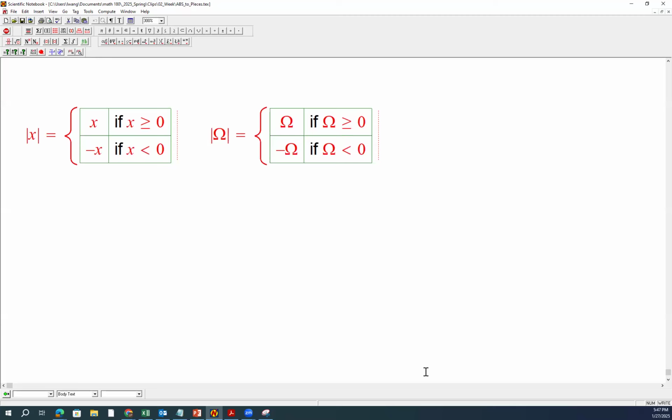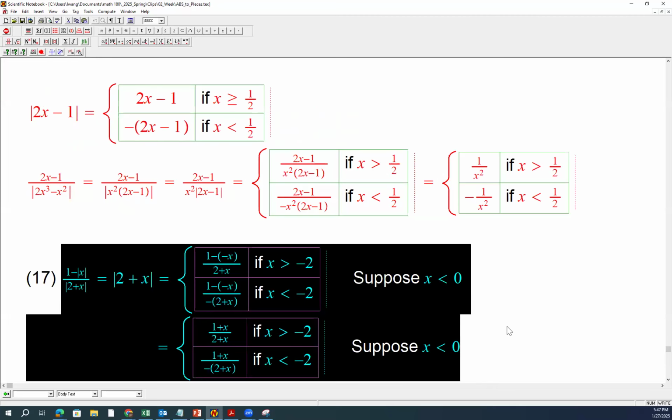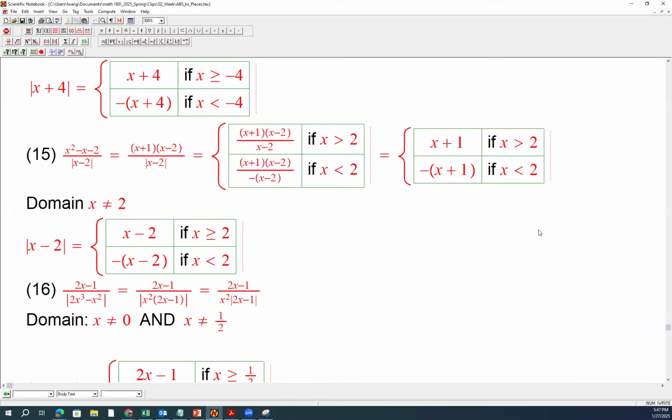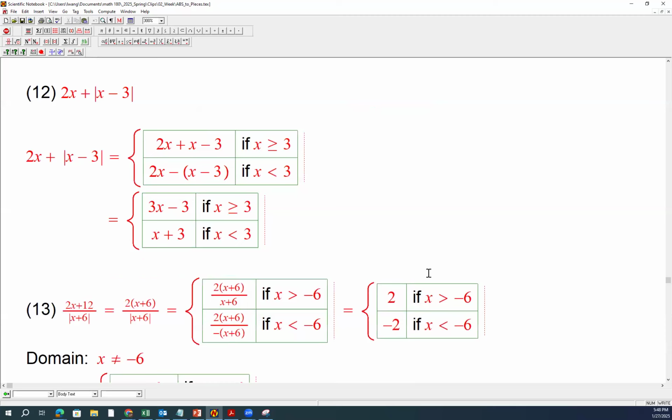Okay, so let's recap a little bit, make sure I don't miss anything, don't do anything wrong, so we can correct it. The domain issue is being taken care of. The domain issue arises when we have a denominator, like in these cases.